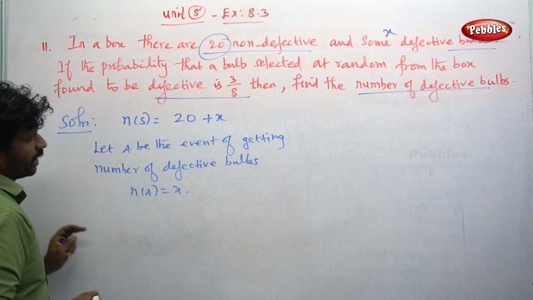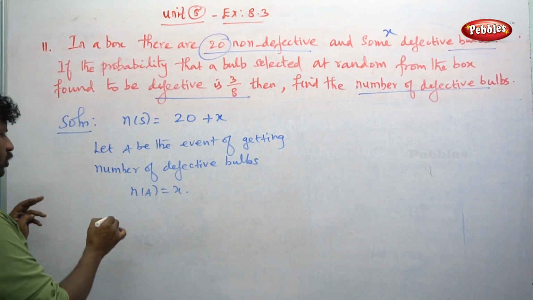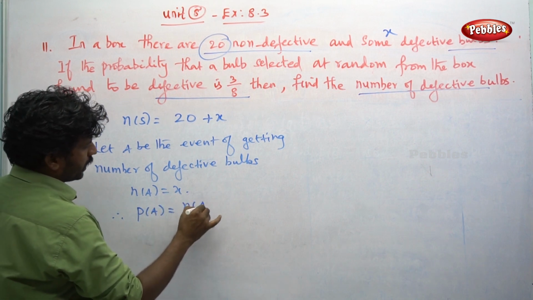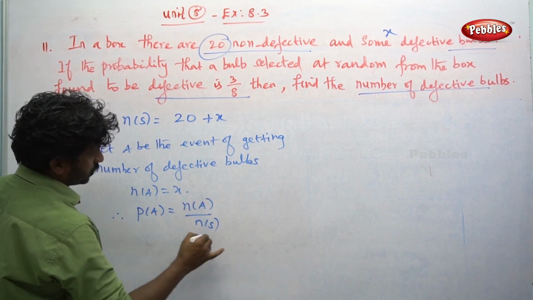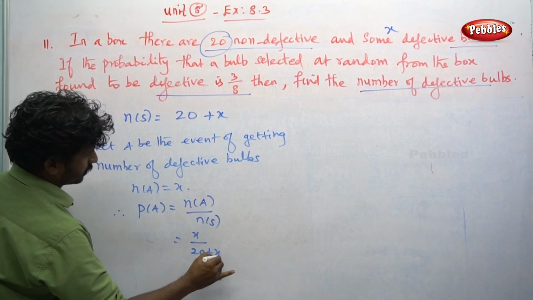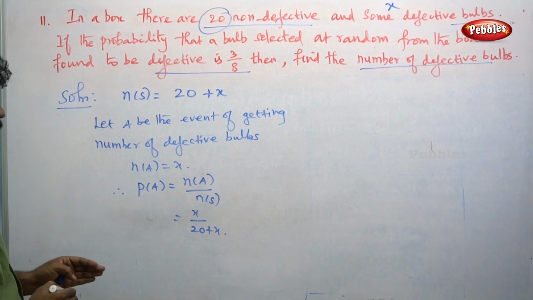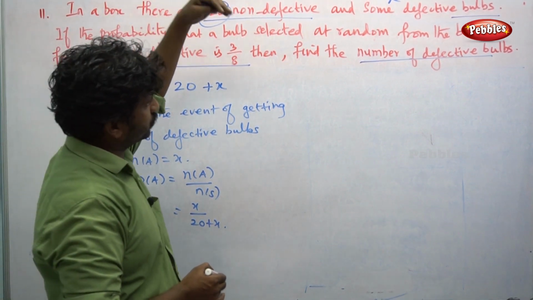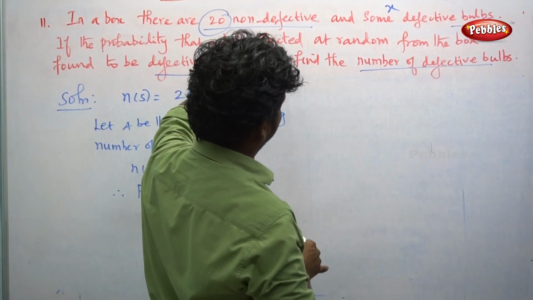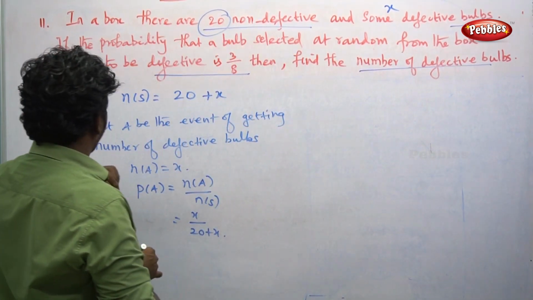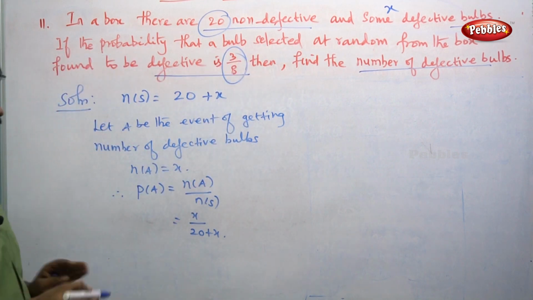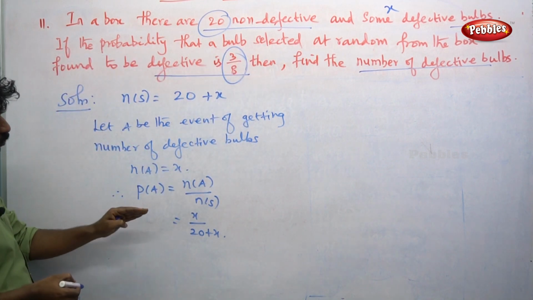X. நமக்கு தெரியாது, அதனால x னு எடுத்துறோம் இல்லையா? So இங்க what is the probability? Probability of a is equal to n of a by n of s. n of a x, n of s வந்து the 20 plus x. See here given another one statement. What is that? If the probability that a bulb selected at random from the box found to be defective is 3 by 8 அப்படினு கொடுத்திருக்காங்க. So அந்த P of A என்ன கொடுத்துட்டாங்க இங்க.